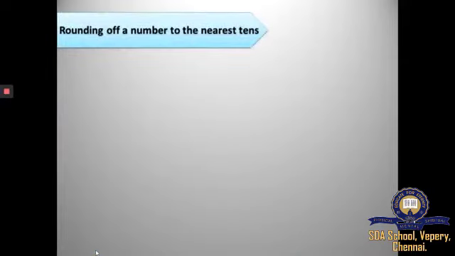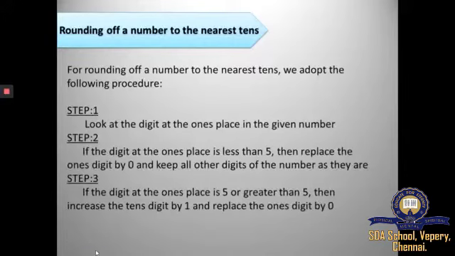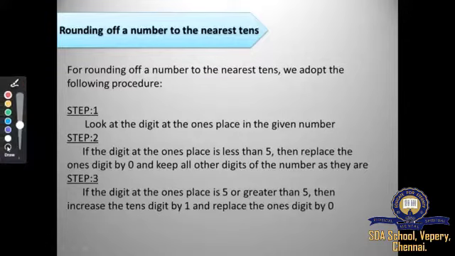Rounding off a number to the nearest tens. For rounding off a number to the nearest tens, we adopt the following procedure. First, look at the digit at the ones place in the given number.